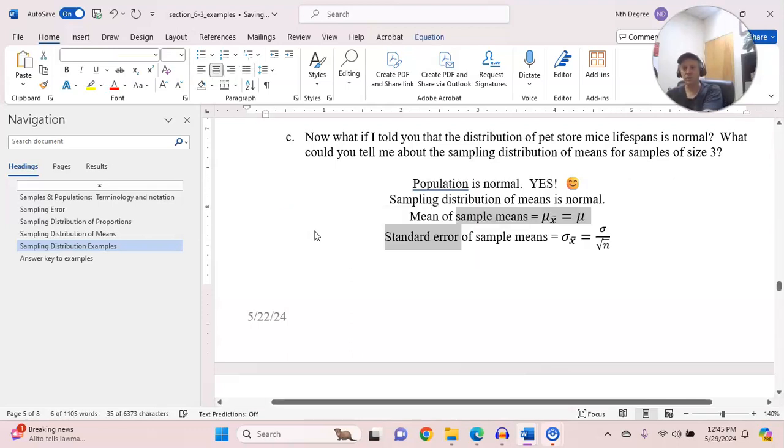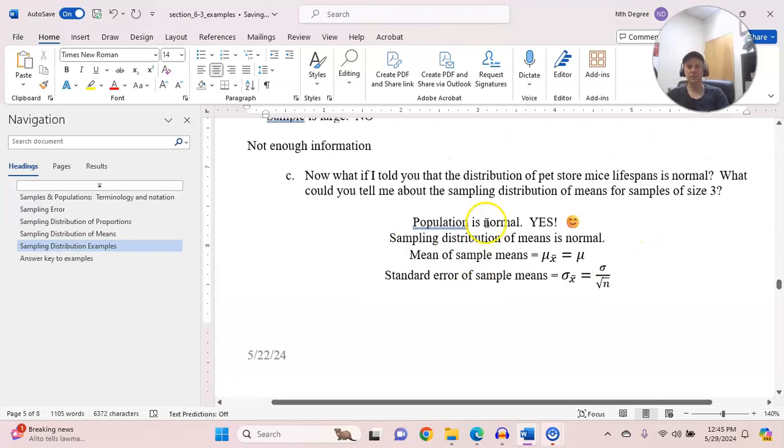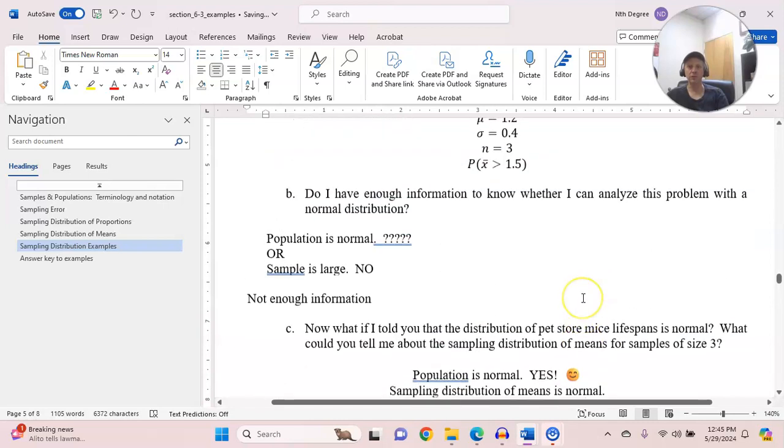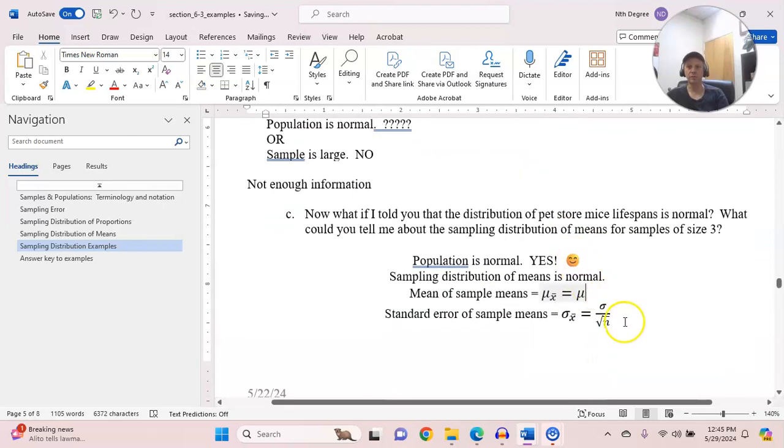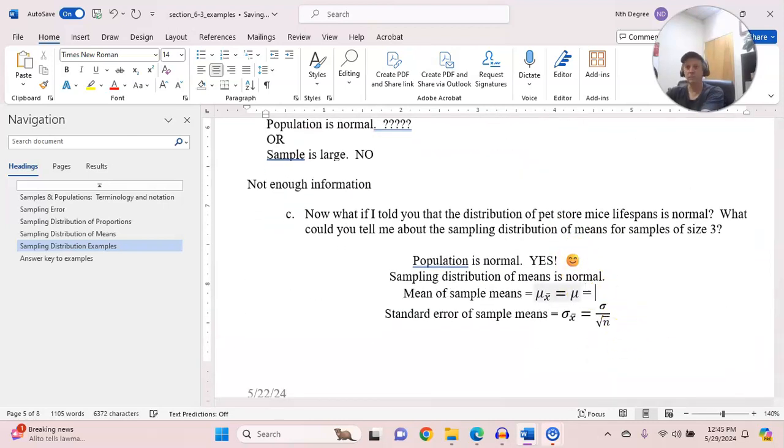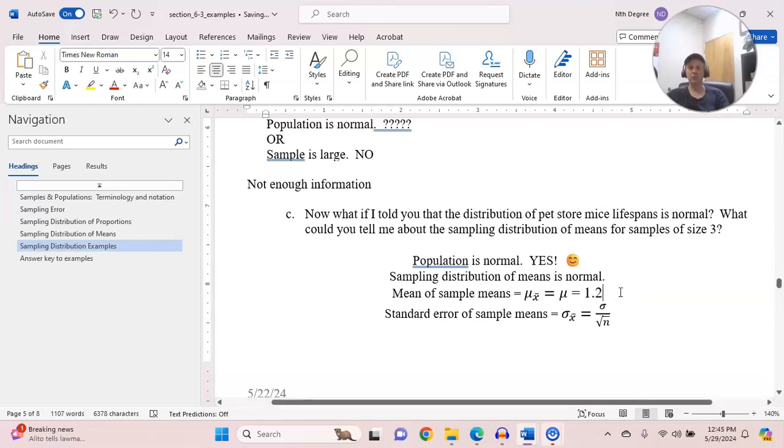And I will basically plug in the information that we have. Okay, so the mean of the sample means is the mean of the population. That's 1.2, isn't it? Okay. So your typical sample of 3 mice will live an average of 1.2 years. And the standard error of those sample means has this little formula.